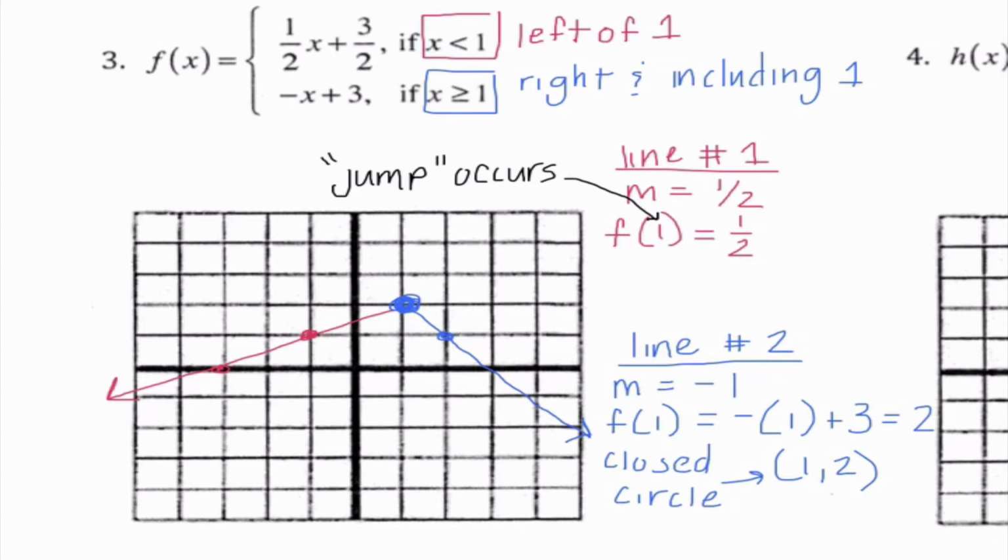The reason why I would want to do that is to verify that I graphed this correctly. I know every single thing we're dealing with is a function, so if I accidentally graphed both equations going to the same side, that would be a way for me to check that I was wrong.